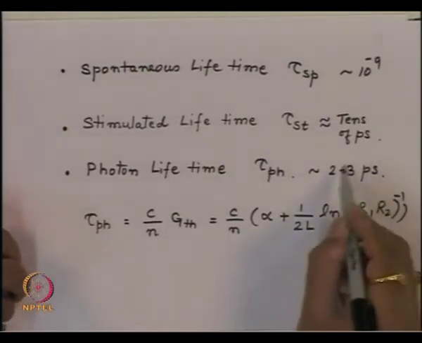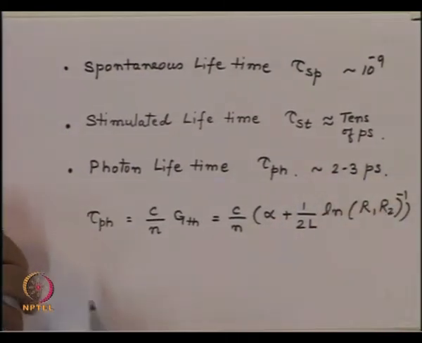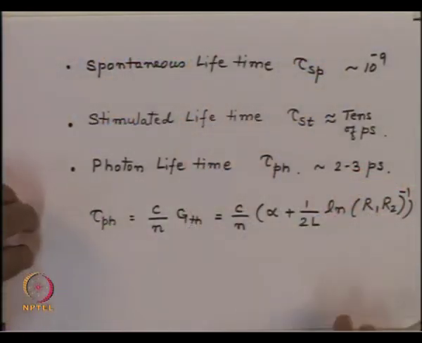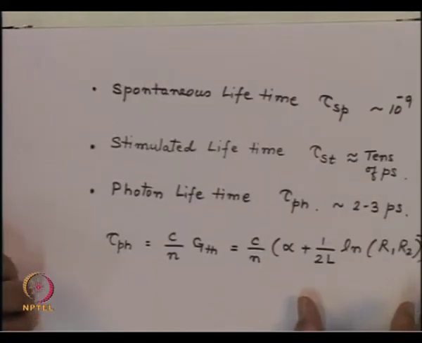So, if you take inverse of this quantity, we will get the highest modulation rate for the laser diode, which will be typically the order of about few hundred gigahertz. In practice, you can get the modulation rate which could be the order of about few tens of gigahertz. But ultimately, this is the factor which will decide which is the highest rate at which the laser can be modulated.